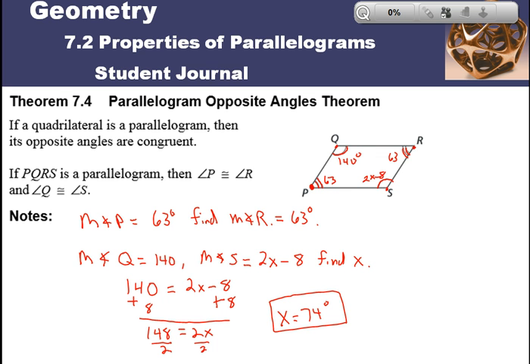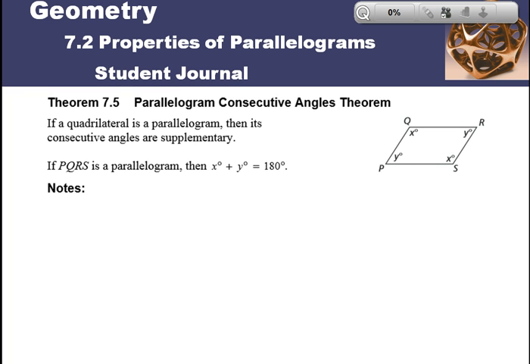So I'm going to give you a second to get caught up. Okay. So in theorem 7.5 we have the consecutive angles theorem. Now we learned about consecutive angles when we learned about special angle pairs.